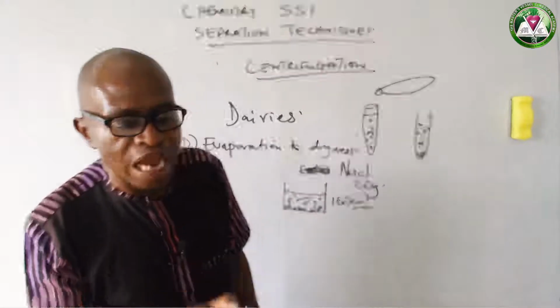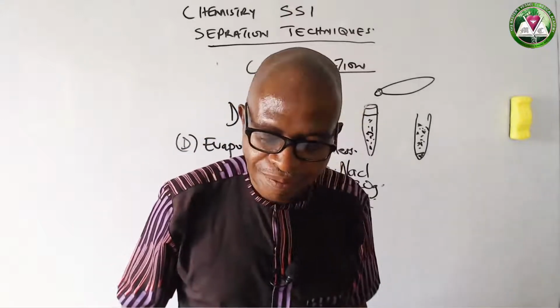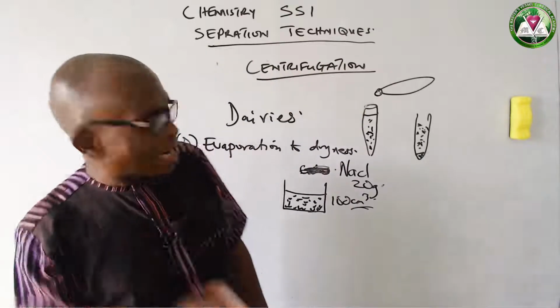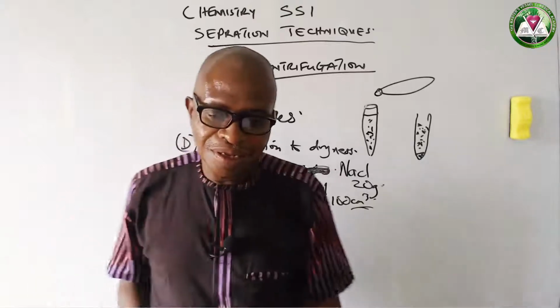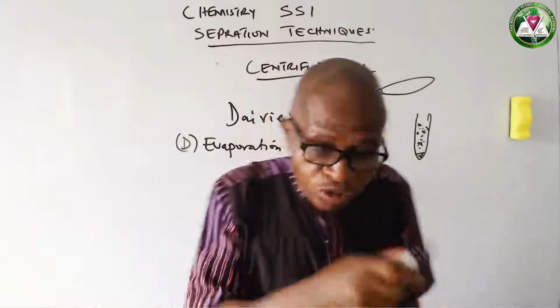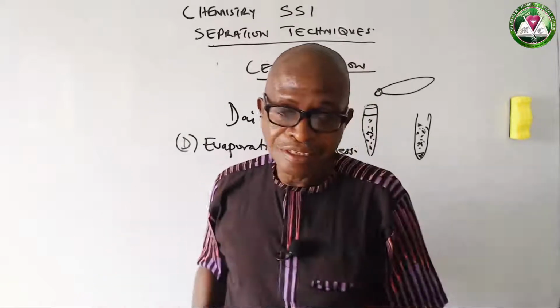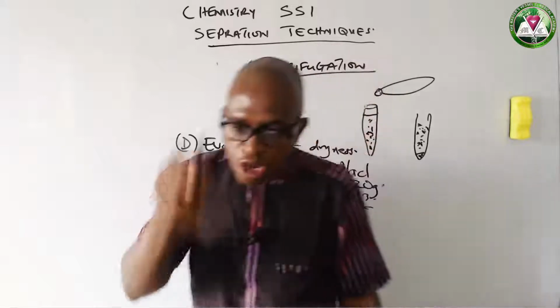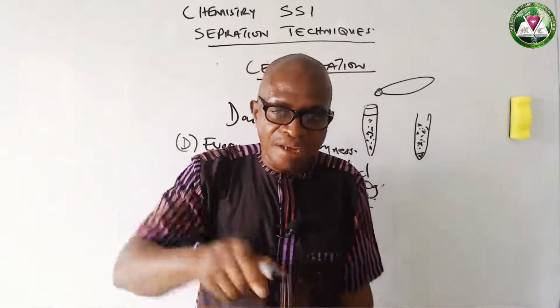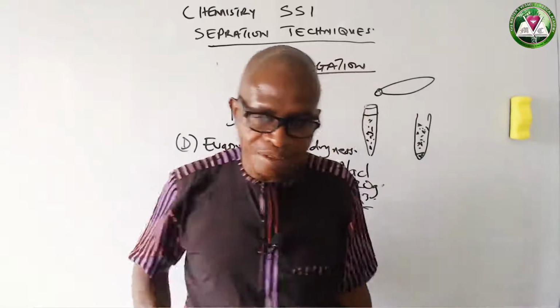Remember that the principle here is that the solid must be soluble in the liquid. The solute refers to the solid particle that you dissolve in water. If the solute is not affected by heat, you can use evaporation to dryness.